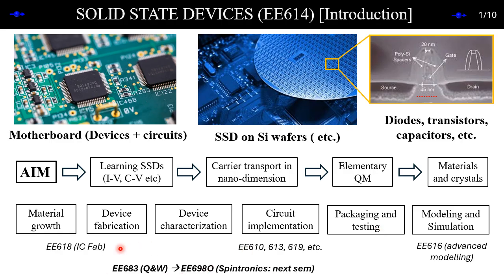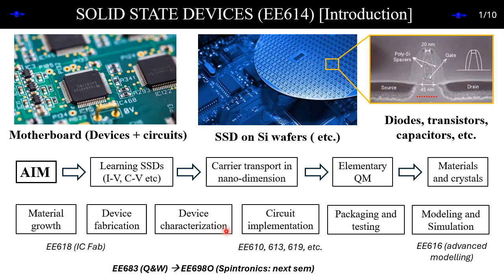There are courses, for example EE618, among others, where this aspect is taught extensively: the growth, characterization, device fabrication and related things. So now you know how to grow materials and how to fabricate devices.